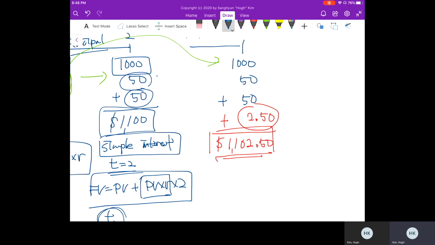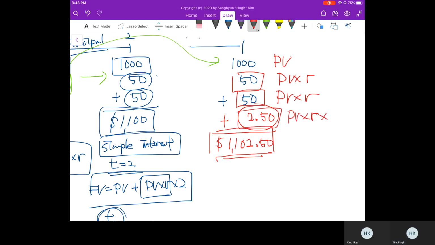So you have the present value, you have its interest, you have 2 of this, and you have interest on interest. So this is equal to present value times 1 plus R squared at time 2.